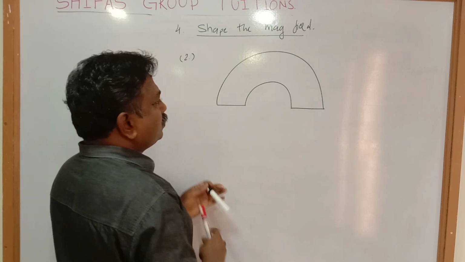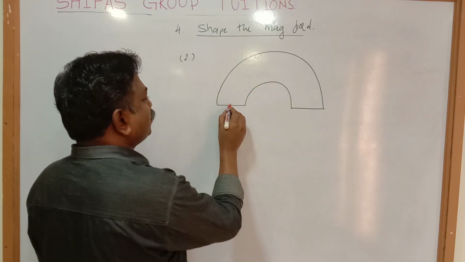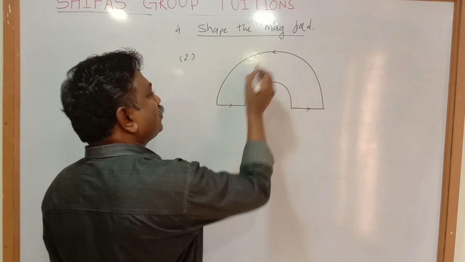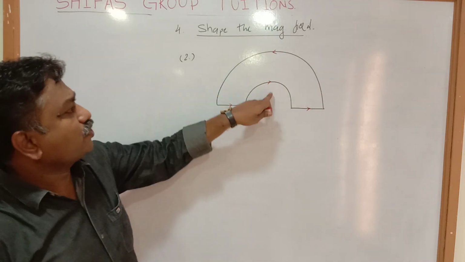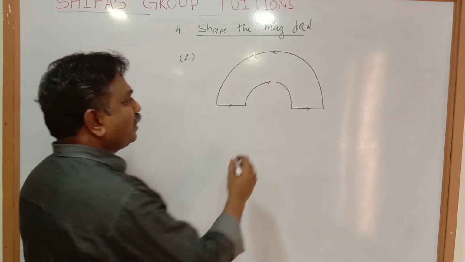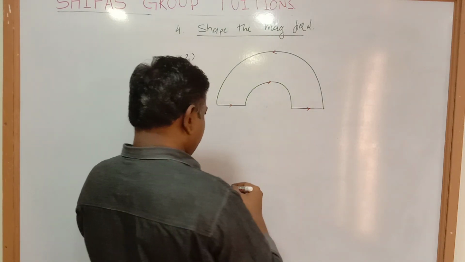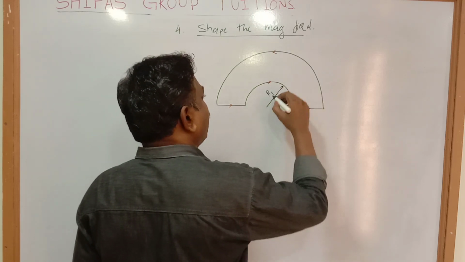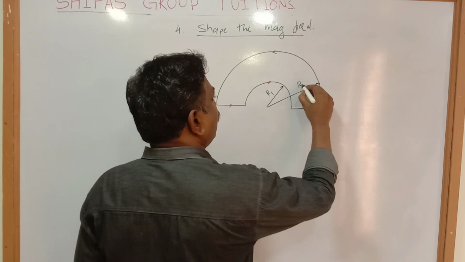Now let us imagine the current is passing in this direction from here, here, here. So from this part the current direction will be exactly reverse. Now in this case we have to consider two radii. This is R1 and this is R2.